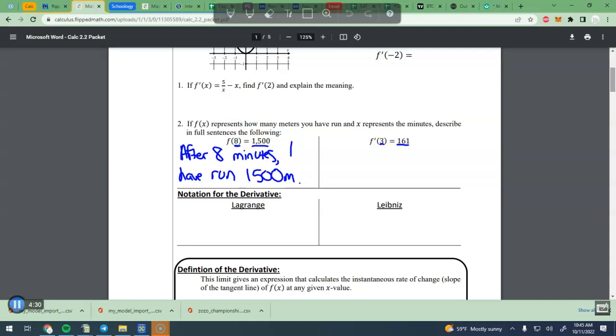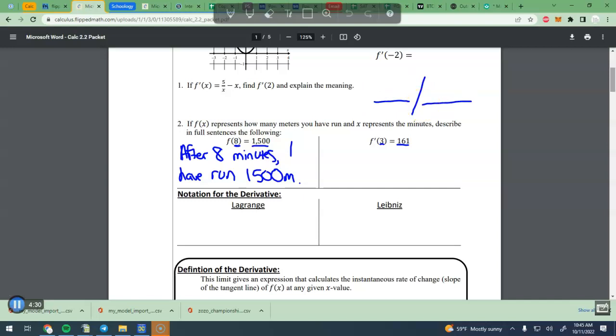This is not an accumulate. The first one accumulates over 8 minutes, like adding on how much I ran. At the end of it, I've done 1,500. This is not accumulating anything. This is at an instant moment, and it has to be a rate. It has to be a velocity. It has to be something per something.